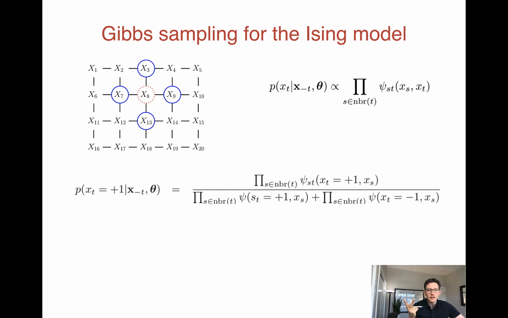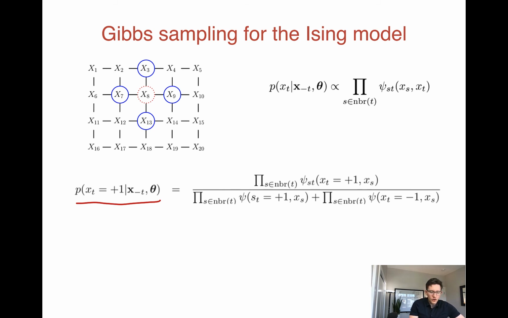Here we have two possible values, +1 and -1, for white pixel or black pixel, given x minus t, and here we're explicitly conditioning on our parameters, which correspond to all the different values of our different potentials.